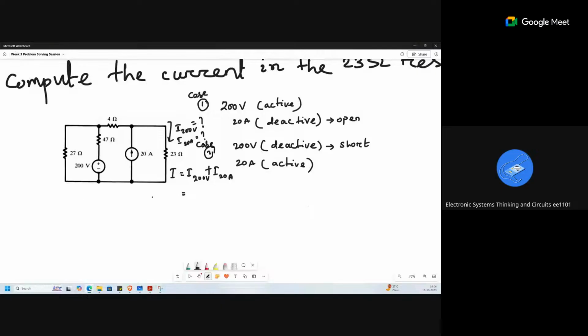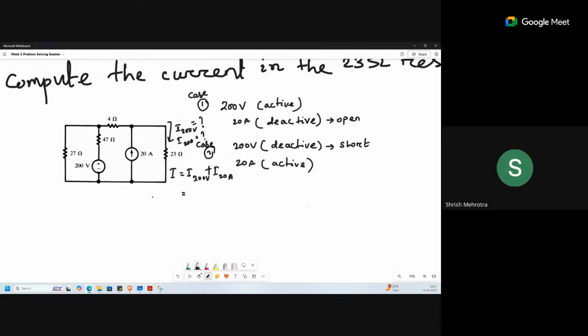Mathian is calculating without considering the superposition principle. Then we can match all the ways and see which is correct, right? Nitish, can you calculate the current through the 23 ohm without using superposition?